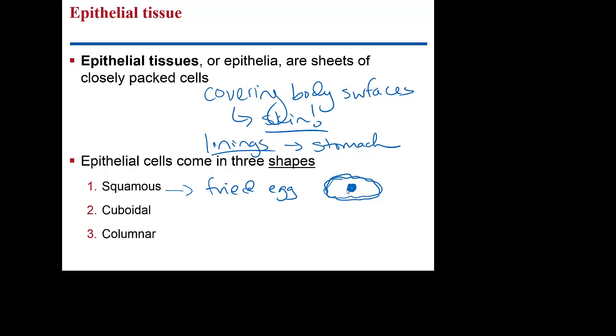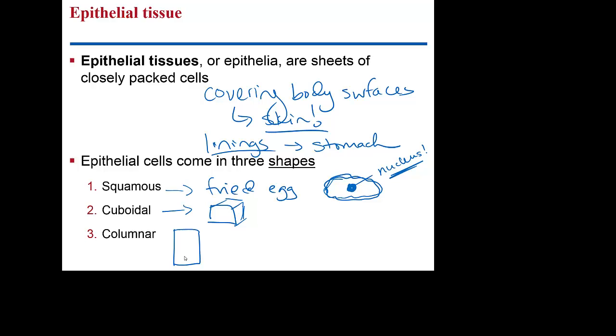What do you think that big bump in the middle is? Nucleus. Cuboidal, well, it's as it sounds. It's a cube. They're three-dimensional, so we have to take that into consideration. But it's a cube. Columnar, what's a column?